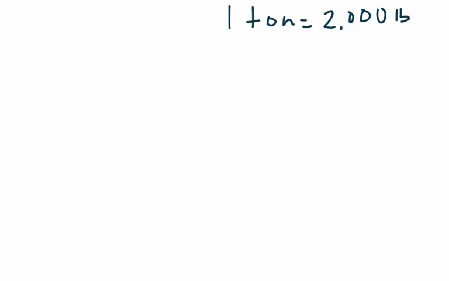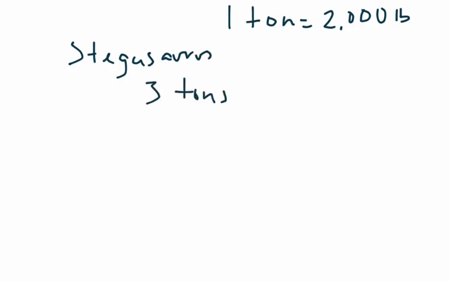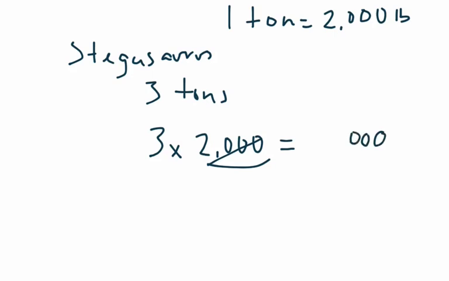Here it says a stegosaurus weighed 3 tons. And we know that 1 ton equals 2,000 pounds. So now we need to multiply 3 times 2,000. Remember, when we multiply by multiples of 10, we just cross out the zeros and add them over here. There's my 3 zeros. Now 3 times 2 is 6. So Stegosaurus used to weigh 6,000 pounds.